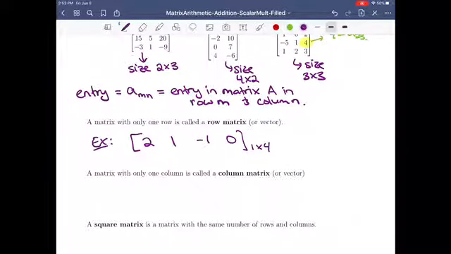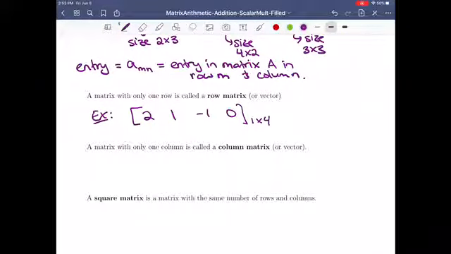That would be its size, and it would be a row matrix. These will have size 1 by n, where n is the number of entries, because there's only 1 row.